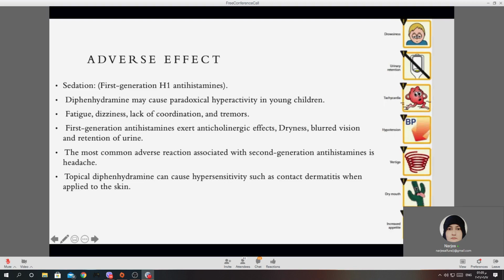Increased appetite can also be seen through stimulation of serotonin, specifically with cyproheptadine. These are the mostly seen side effects.